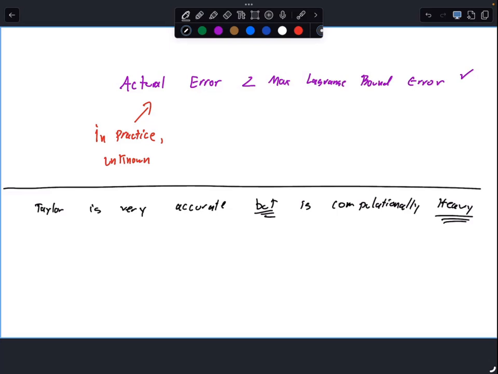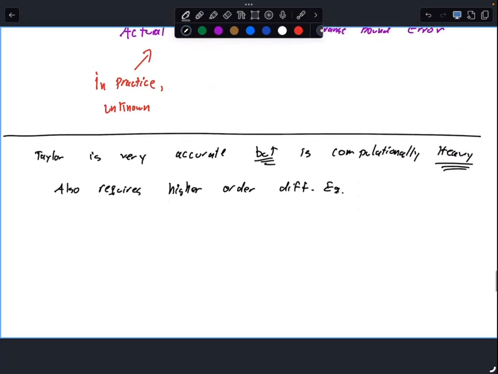And it also requires higher order differential equations. And that's not typically within what we have.